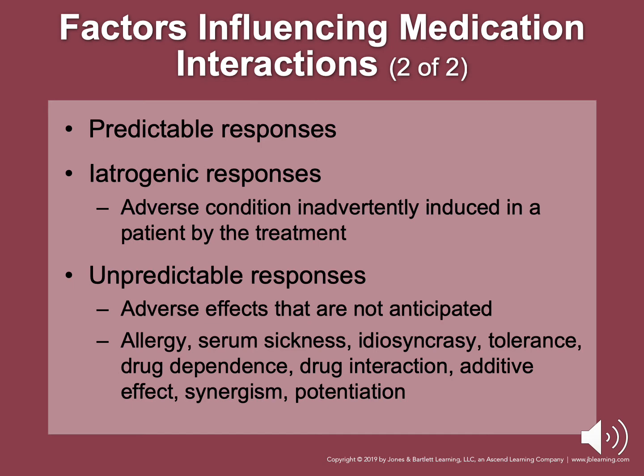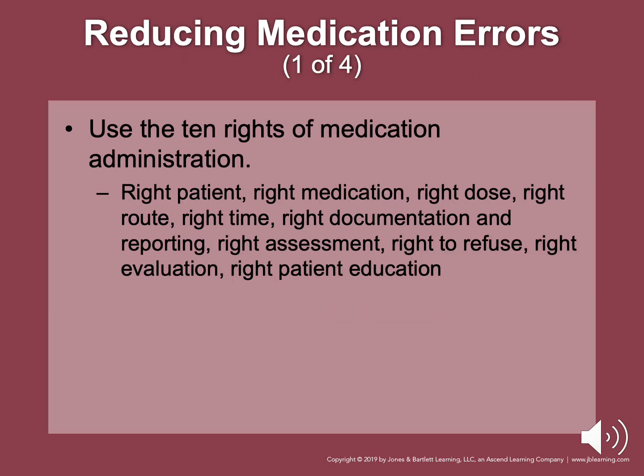Right documentation and reporting. Make sure you document those in your report, even if there is an adverse reaction to it. Make sure you report them off to your receiving facility. And then do the right assessment afterwards, as far as vital signs, SpO2, maybe another AccuCheck, and a pain scale.